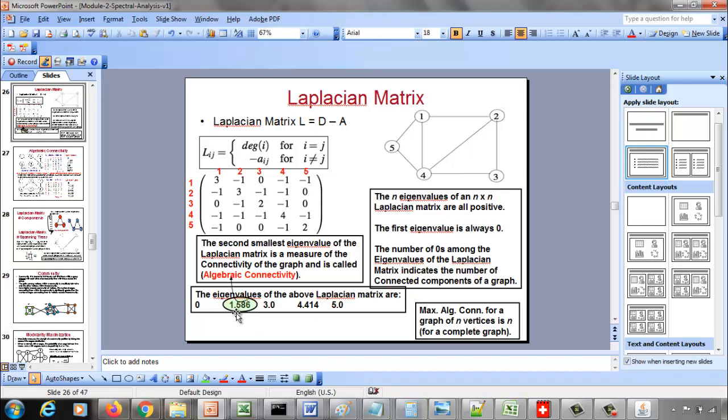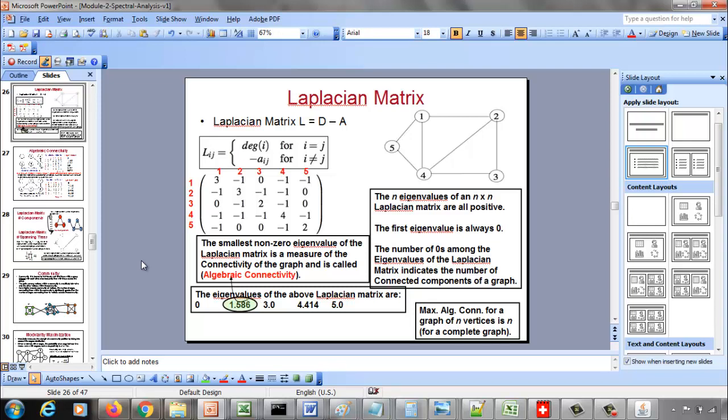The smallest non-zero eigenvalue is what is called the algebraic connectivity of this graph, and that's the measure of the connectivity of that graph. Instead of saying the second smallest, the more appropriate definition is that the smallest non-zero eigenvalue of the Laplacian matrix is a measure of the connectivity of the graph, and it's called the algebraic connectivity of that graph.